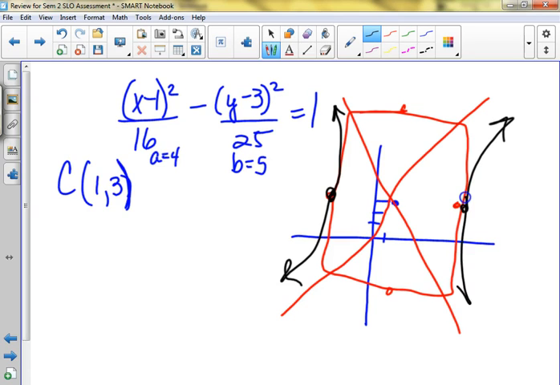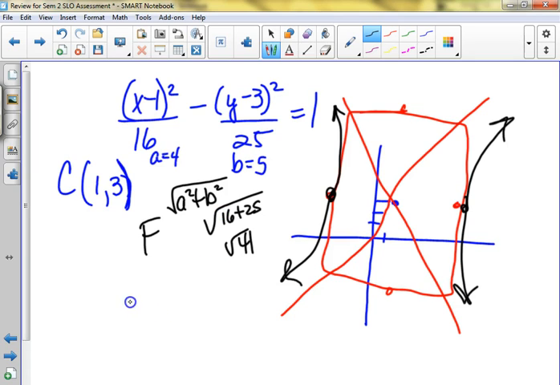And how do I find the foci? Okay, how do I find C? A squared plus B squared. So square root of 16 and 25, square root of 41 maybe?